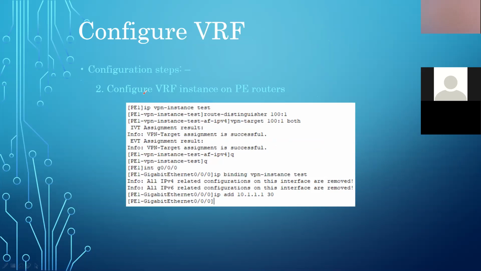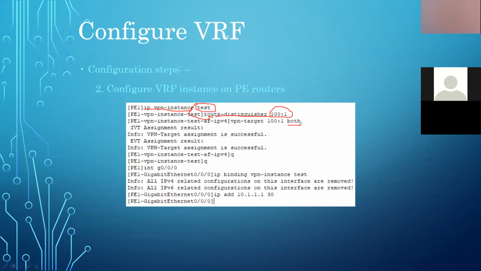And then we will configure the VRF, as you can see. In our example, the VRF instance or the VPN instance name is test, and the route distinguisher is 101. Its VPN target, or route target, is also 101 with the parameter both.